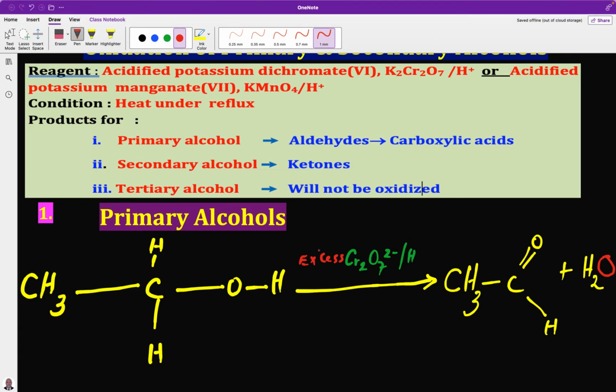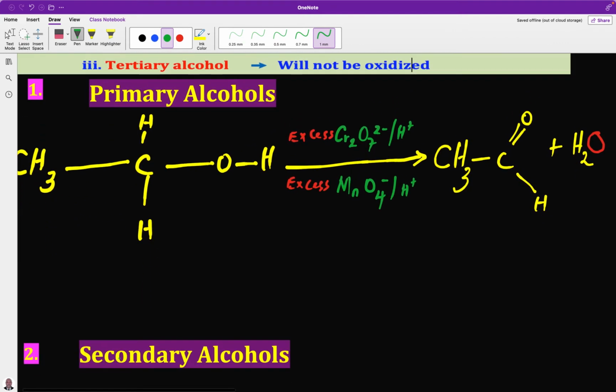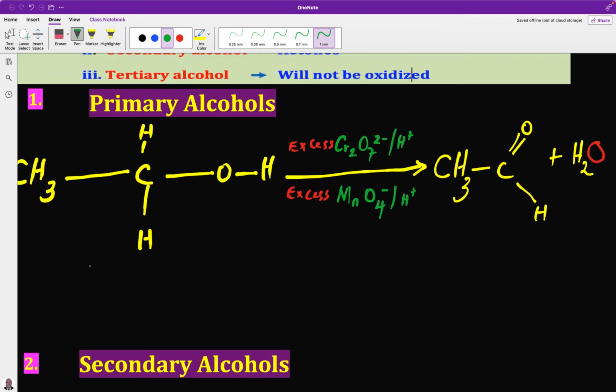Any of these can work. And what you have is ethanol.